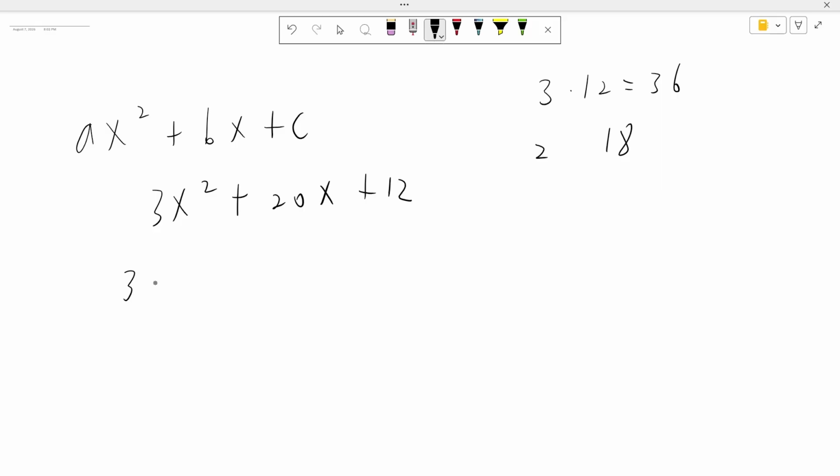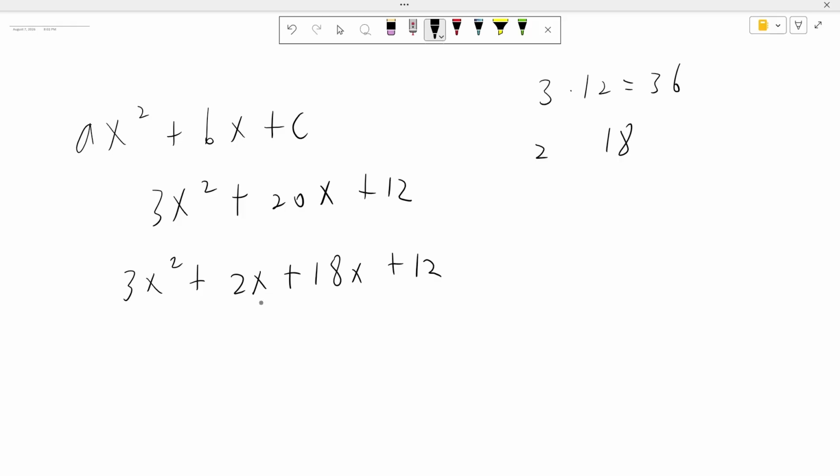And then once we found the two numbers, we rewrite the original expression using those two numbers like this. So we actually change this middle term here. We rewrite it like this, and we leave the first term and the last term alone.